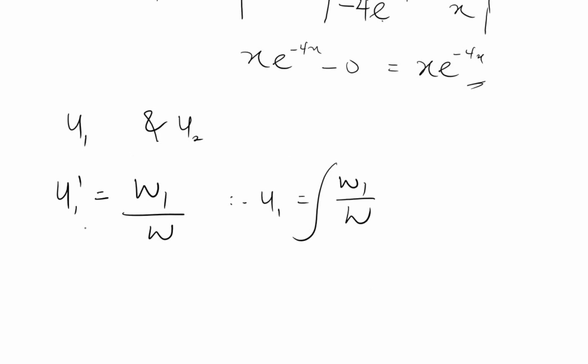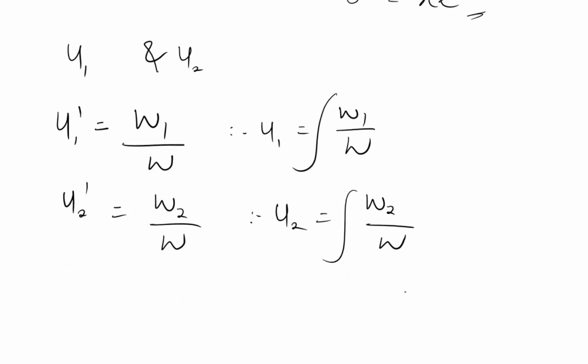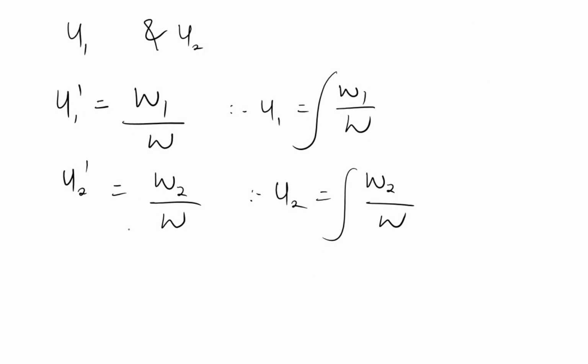At the same time, u2 prime is equal to w2 over the general w. Therefore, u2 will give me integral of w2 all over w.